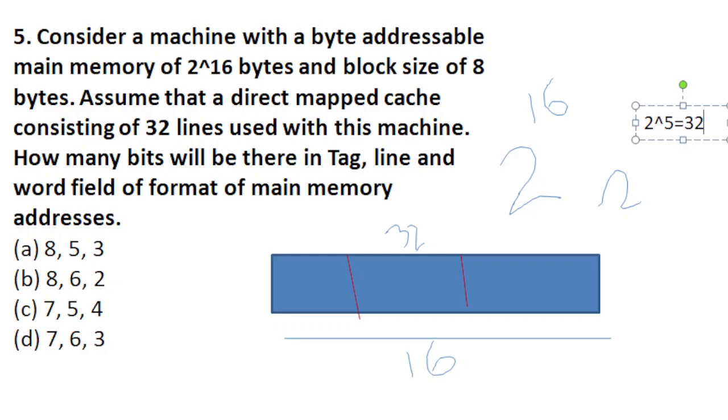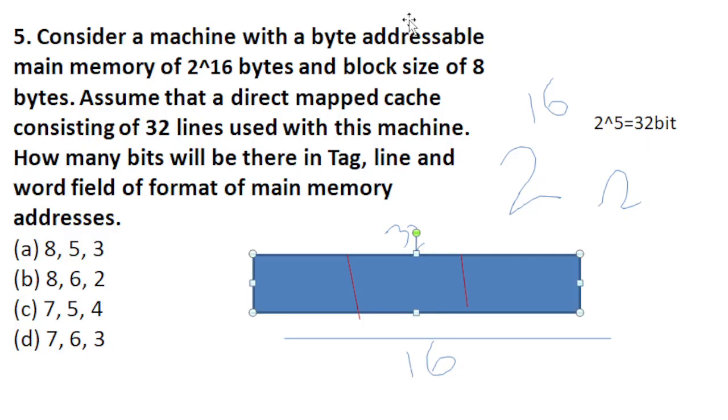So these 5 bits we can consider for the index field, or the line field. This line field is 5 bits.